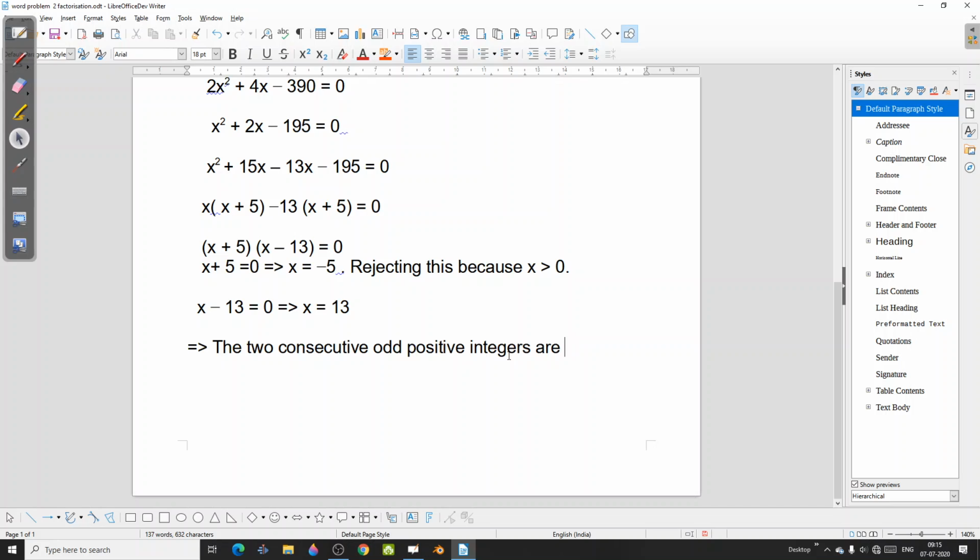But what is x? It is 13. And the second one is x plus 2, that is 13 plus 2, that is equal to 15. So the two consecutive odd positive integers are 13 and 15. So this is our answer.